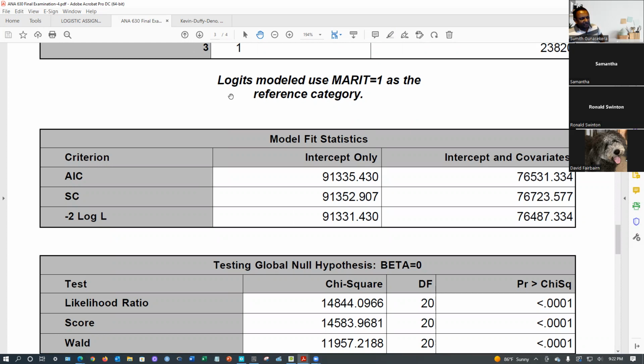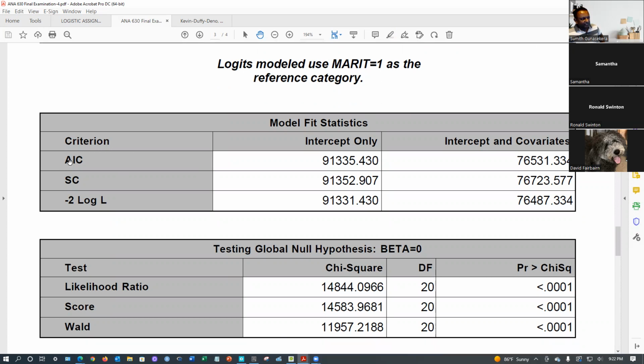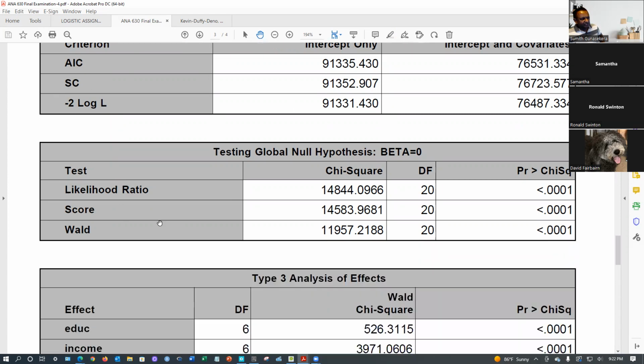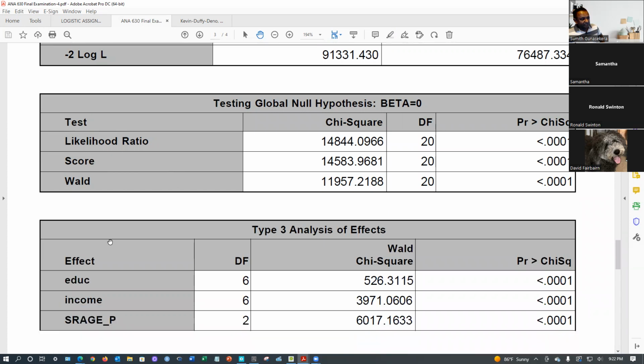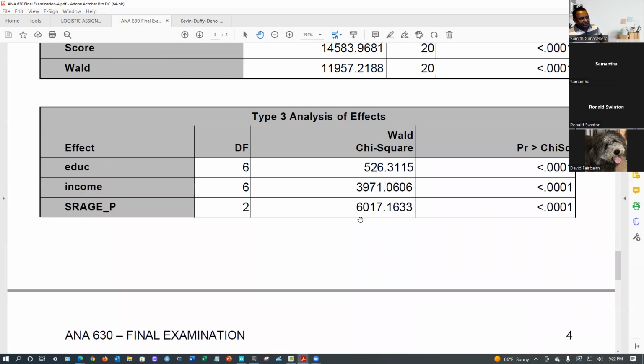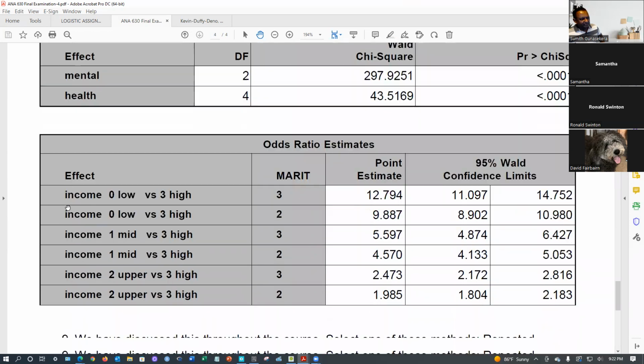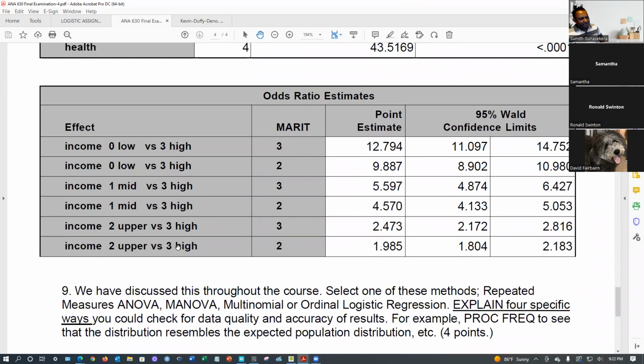They have given AIC, the Akaike information criterion, the Schwartz criterion, -2 log likelihood, and for the global test, likelihood ratio, score, and Wald. Then individual effects and the odds ratio estimates. That's all.